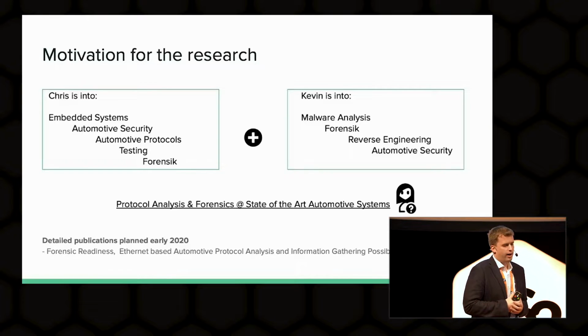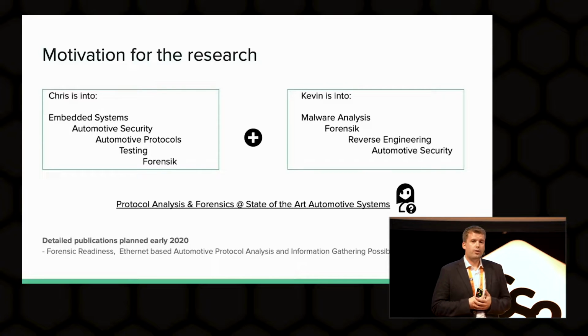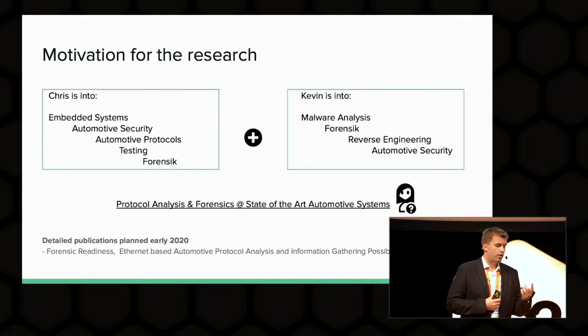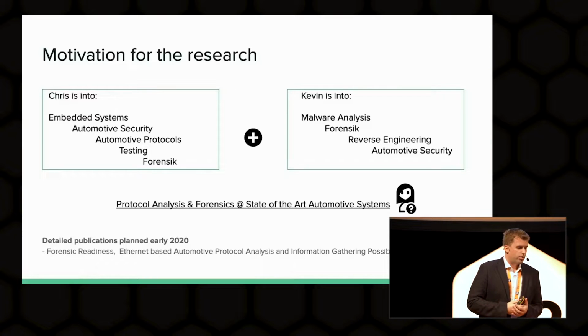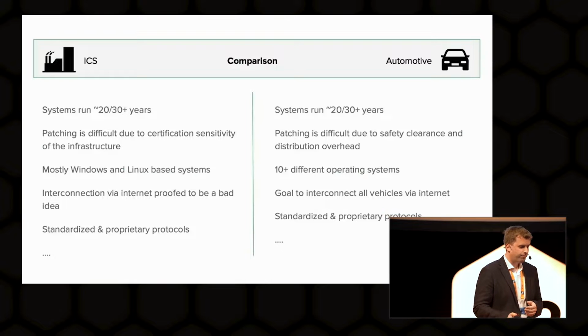So we thought, can we actually do forensics on a state-of-the-art vehicle? And how could we do that with state-of-the-art technology? That's what we talk about today. If you're interested in more details about our work, we have some publications coming up next year, so keep track of that.